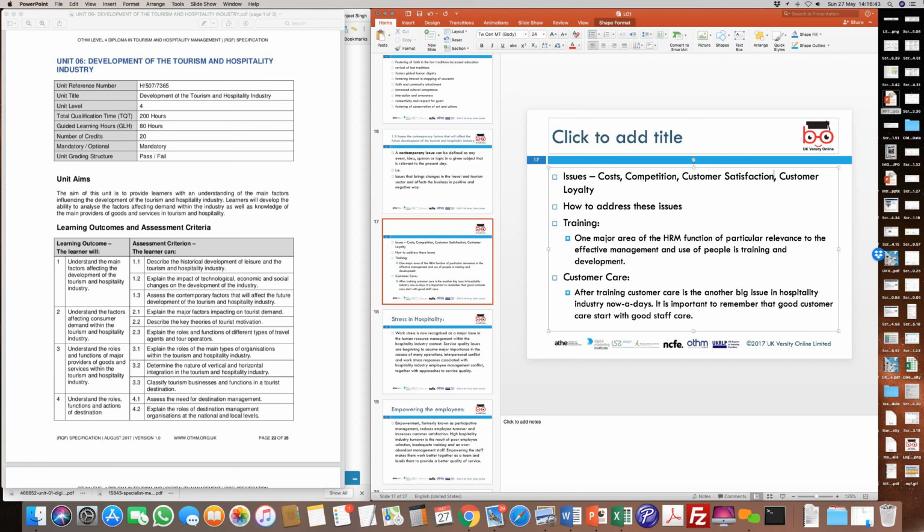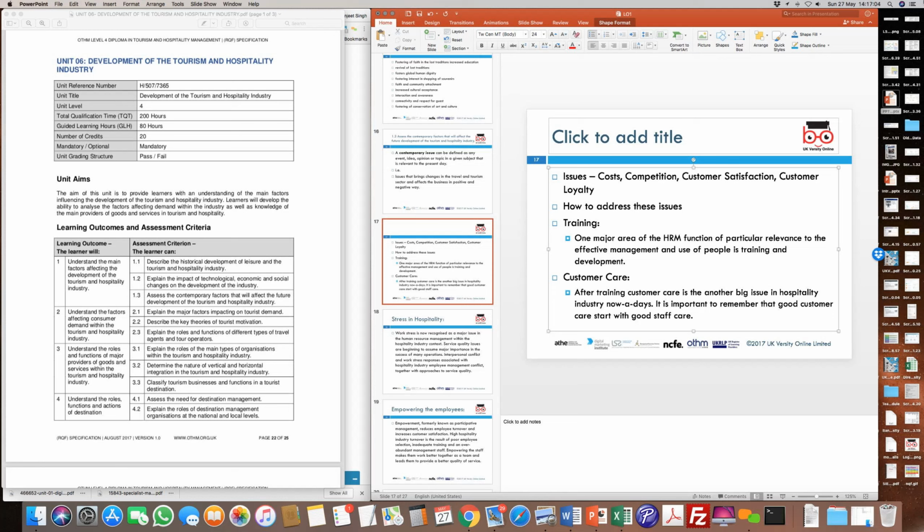But the whole idea is that if you get a customer, they want you to retain them for life or for as long as possible. So customer loyalty in this case is quite important, and that is why it is also considered one of the key contemporary issues within this sector.